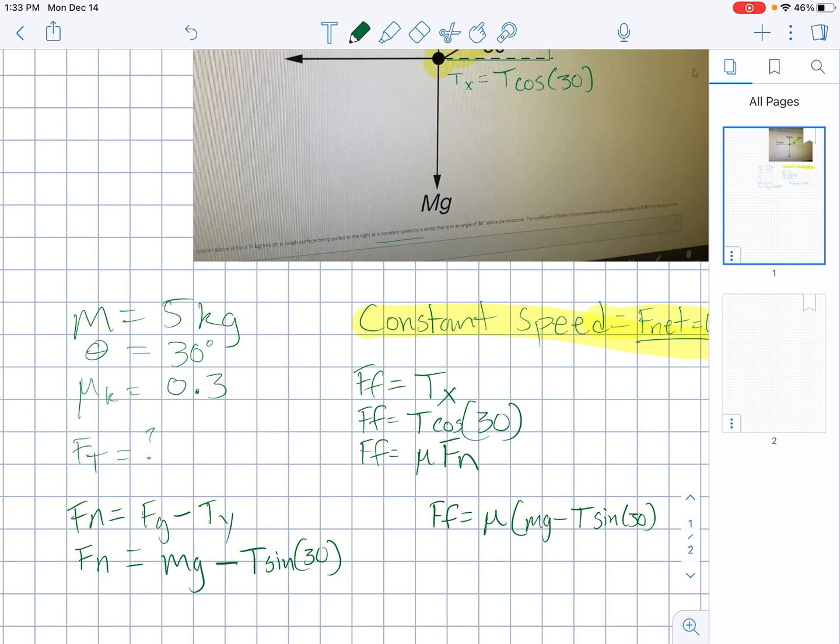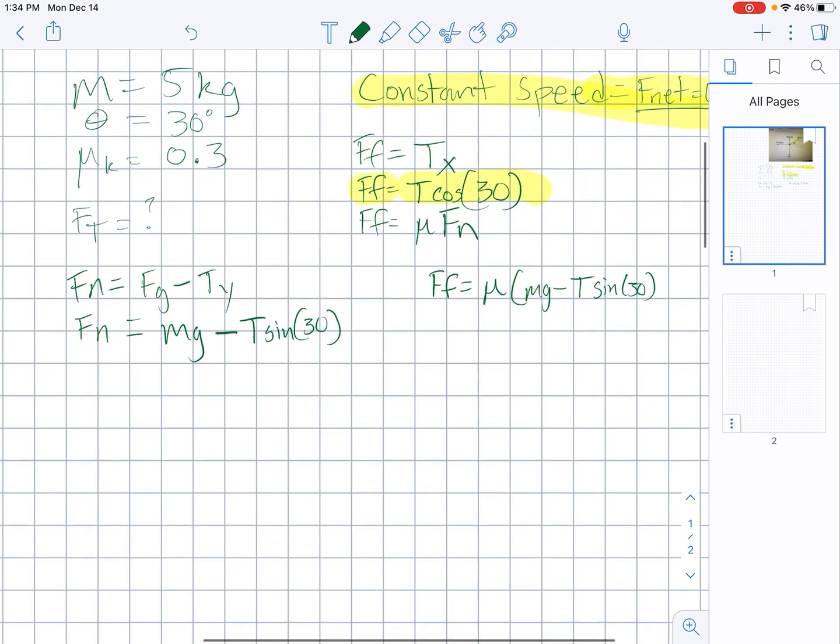And that is going to be equal to T cosine 30, because that's equal to our frictional force. So pulling this together, we get T cosine 30, which is the tensional force in the x direction, is the same as mu times mass times gravity minus T sine 30.